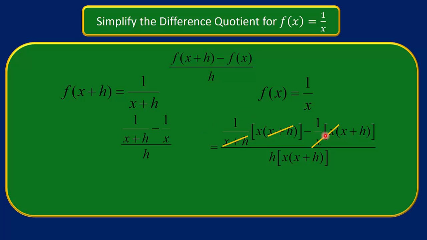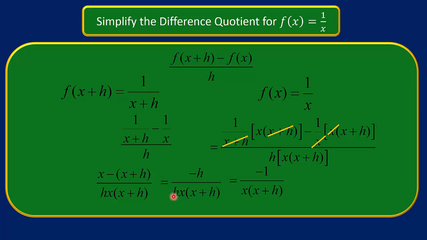The x plus h cancels here, and the x cancels over here, and we look and see what's left. The x is all that's left standing for this first bit. And then the x plus h, that's all that's left over there. Now, if we drop the parentheses, we see that x minus x is 0, and then the minus h right here. Now, dig this. This h and this h will divide. So I'm just left with negative 1 over x times x plus h.